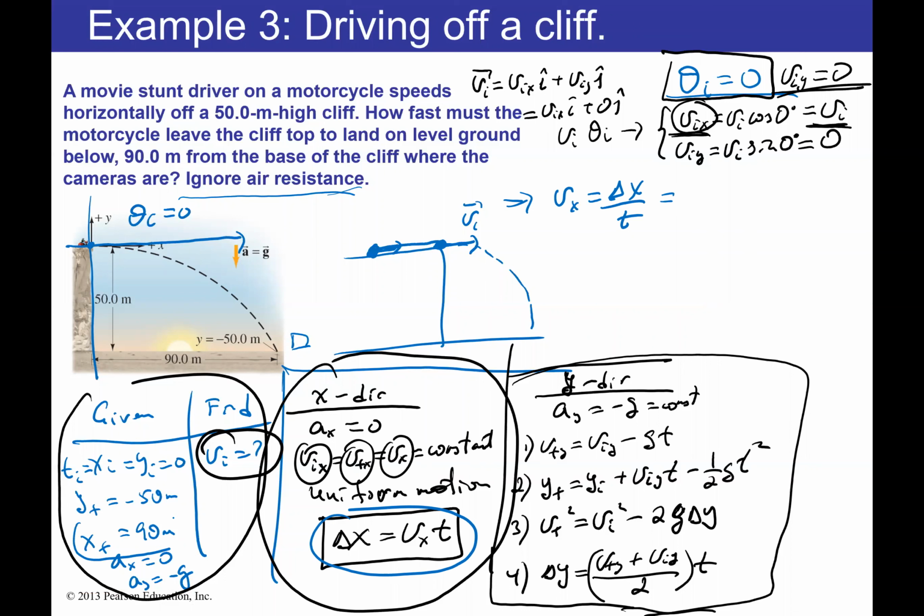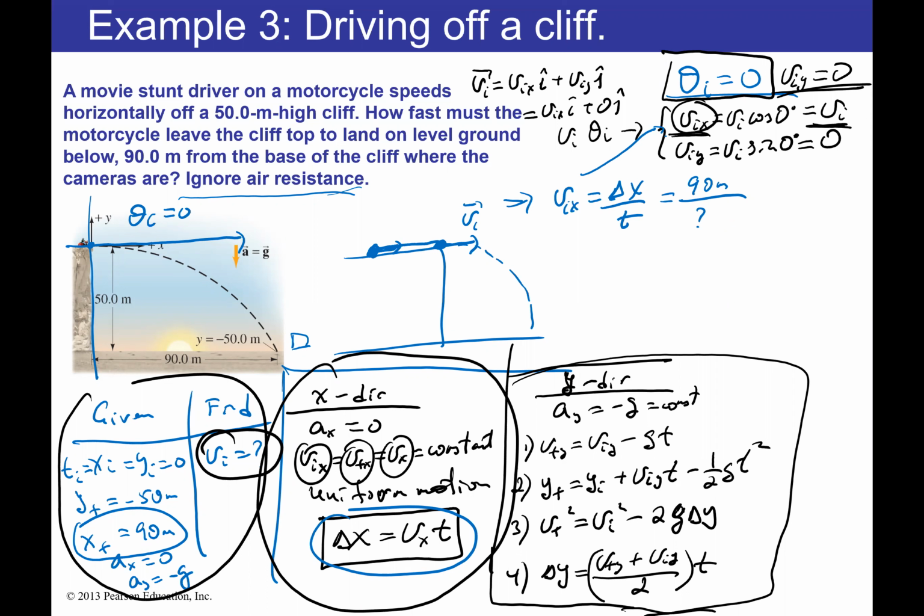The x final is 90 meters. That means my delta x here is 90 meters. The only problem right now is that I don't have the time. Otherwise, I would just plug in there and calculate and be done with that. If I have time, I could just calculate this, I have my vix, and that's it.